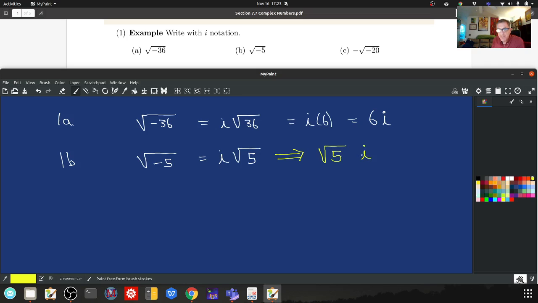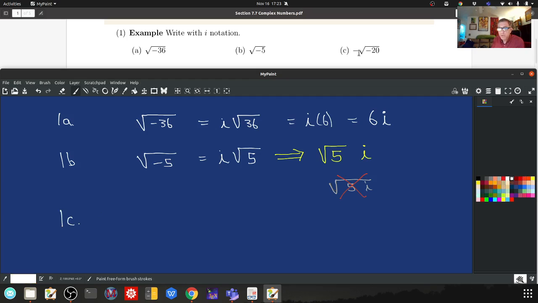Just be careful and make sure that the i is not underneath the radical. In other words, if I had written the square root of 5, and instead of writing i out there completely, accidentally shoved it underneath the radical, then this is wrong. So keep that in mind. I have no idea what my math lab might want you to do.